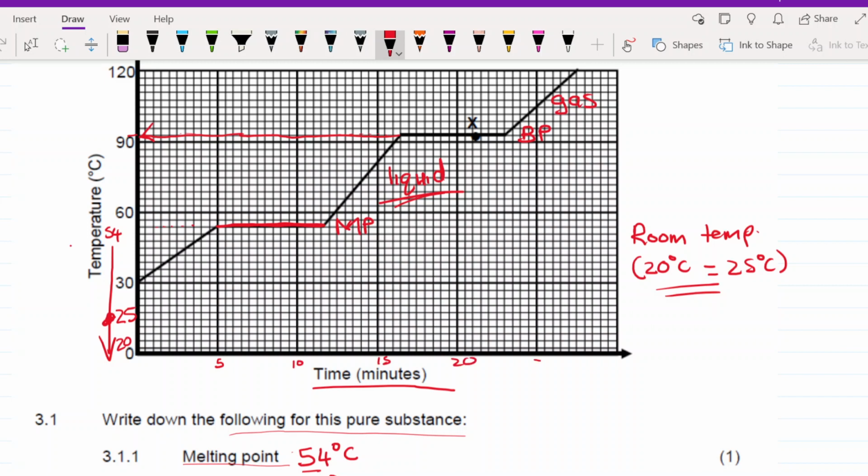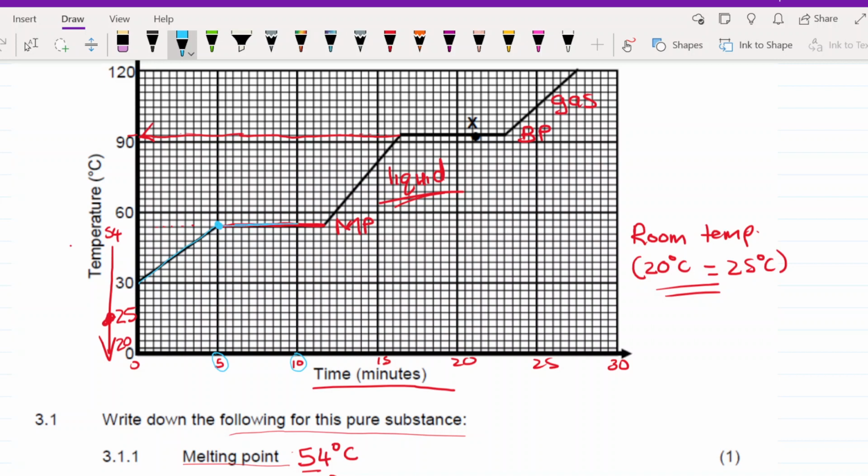Let's say that every 5 minutes, so starting from 0 to 5 minutes, the temperature was increasing. Now, when the time is 5 minutes, that's when the substance starts to melt. From 5 minutes to 10 minutes, all this time the temperature is constant.